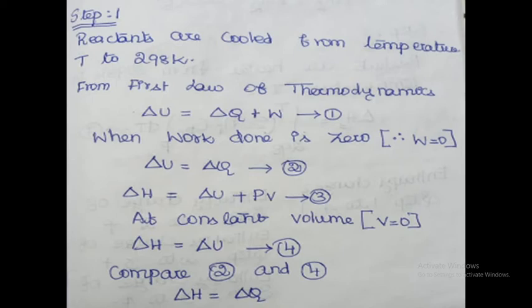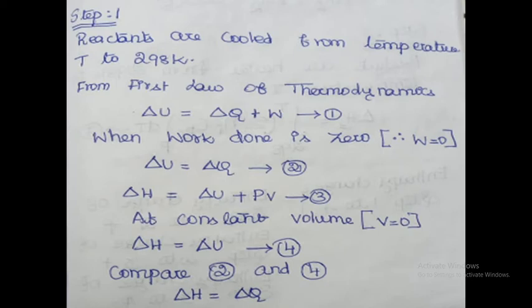This is a cooling process. From the first law of thermodynamics, the change in internal energy is equal to the heat transfer plus work done. Delta U is equal to delta Q plus W. This is equation number 1.